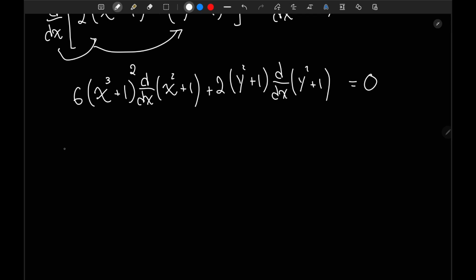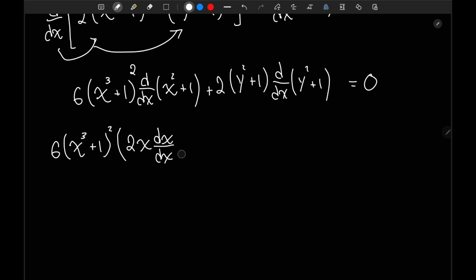And so we're going to have 6(x cubed plus 1) squared, and this could be multiplied by 2x dx plus 0, because we did the x squared, and then the derivative of the 1 is 0.